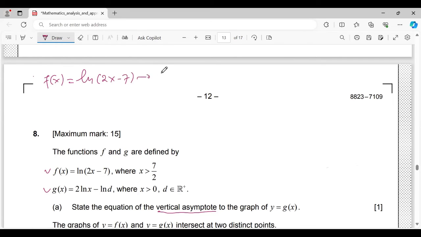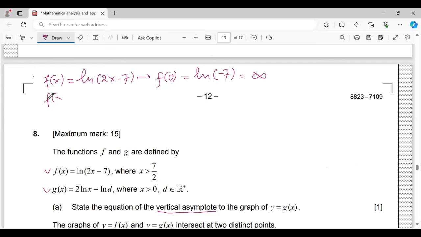If x equals 0, it will be ln of minus 7, because 2 times 0 equals 0, and this is infinite.